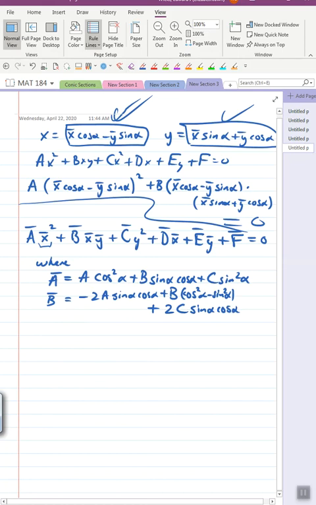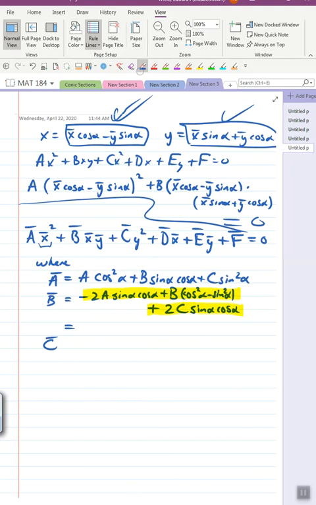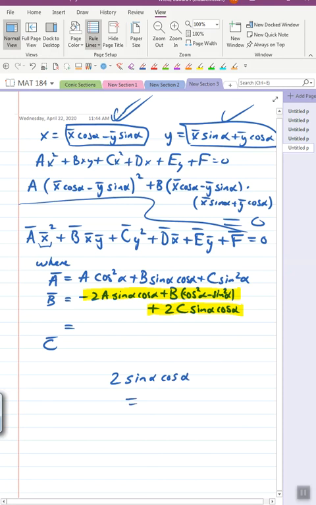And before I write the c, let's make a little comment here. Do you notice anything nice in this part? I'll give you a little hint here. What's 2 sine alpha cosine alpha? That's another identity. Remember what that is? We've used that a few times before.